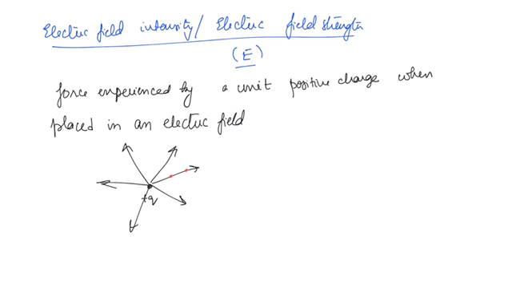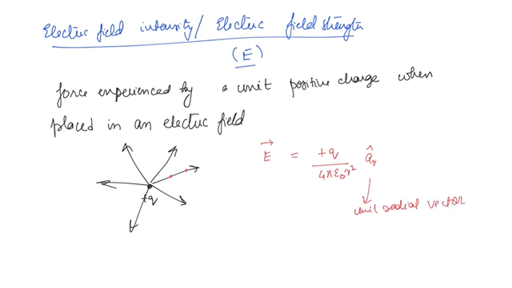So the expression for this is also a vector. That means it is going to have magnitude as well as direction. For a positive charge plus q, the electric field intensity is going to be q by 4 pi epsilon naught r square into a_r cap. This a_r cap is nothing but the unit radial vector, nothing else.